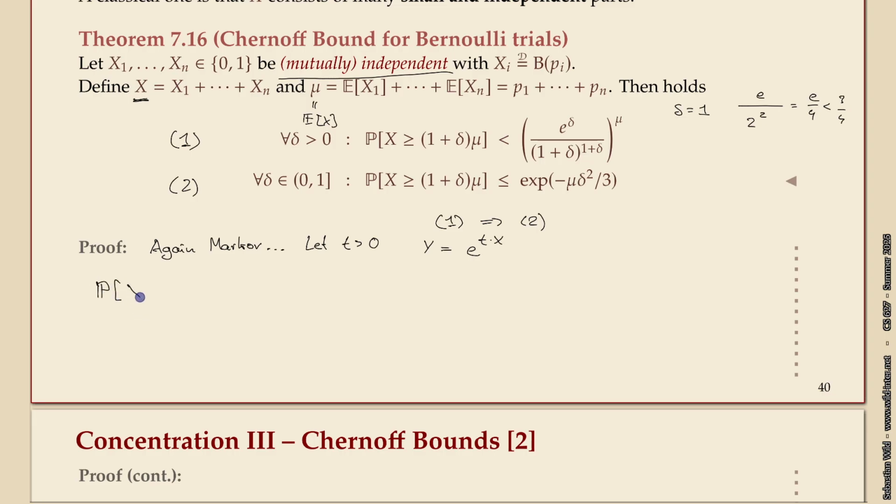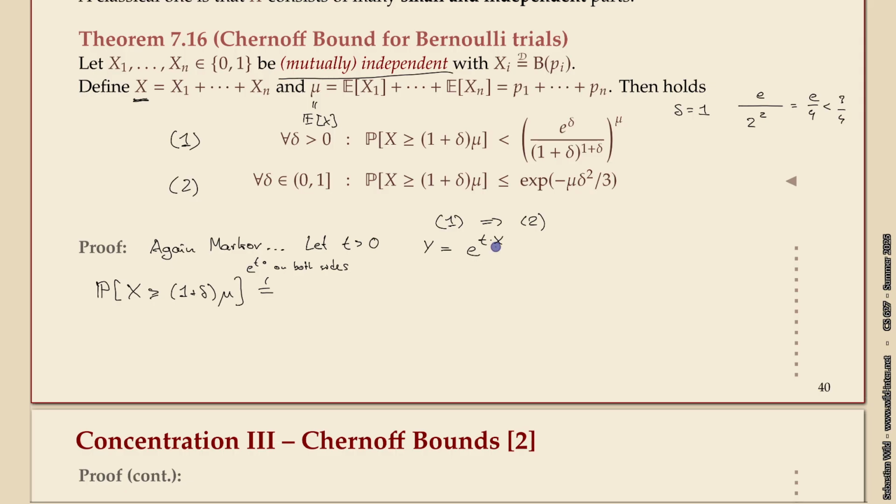We want this part, x, to be 1 plus delta greater than its expected value. That probability we want to upper bound. Now I'm using this transformation on both sides. I'm applying the function e to the t times the thing that's there.